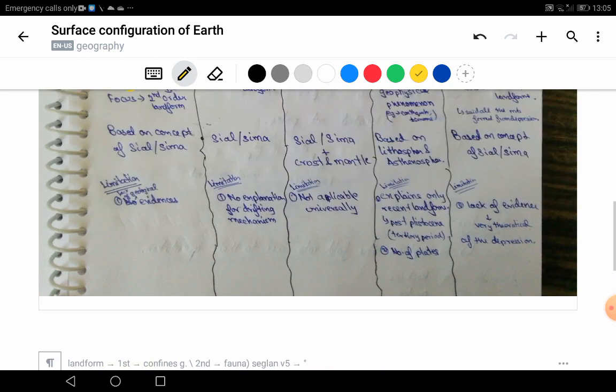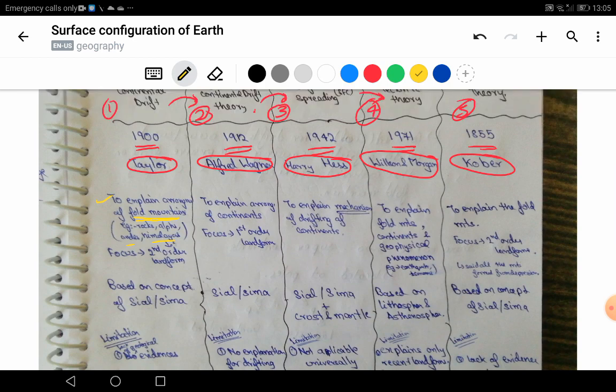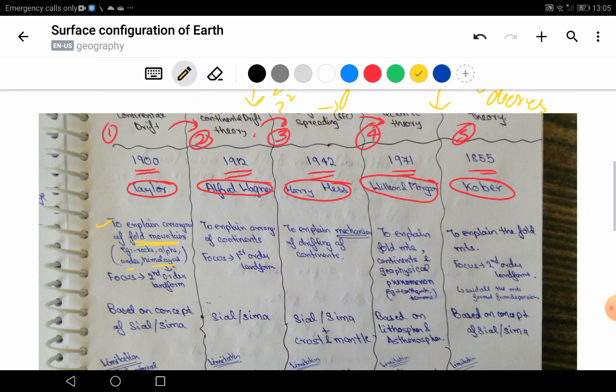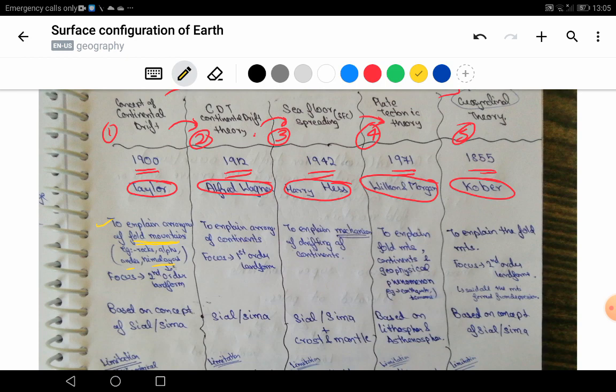So for the concept of continental drift, the main focus was given to the second order landforms, fold mountains. The continental drift theory was on the first order landforms, the continents.